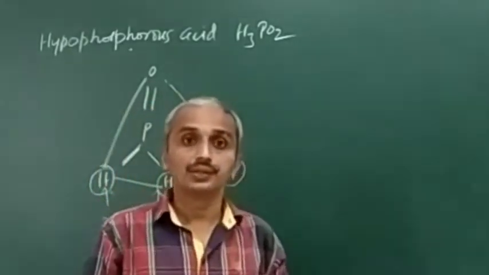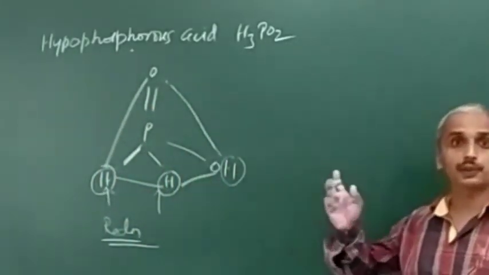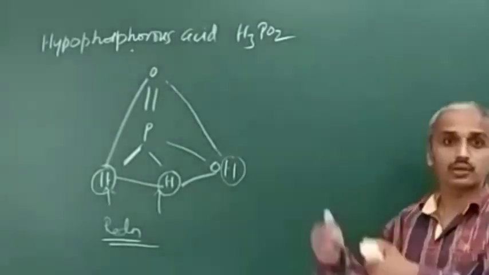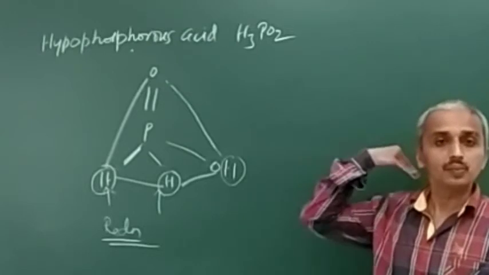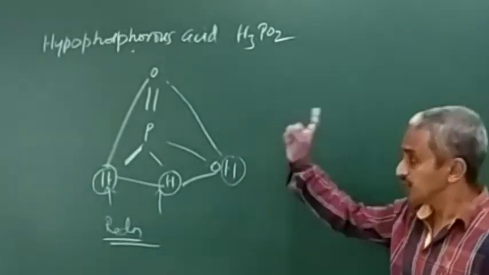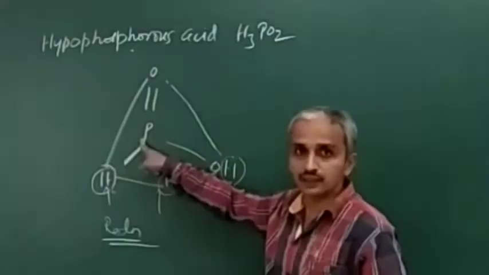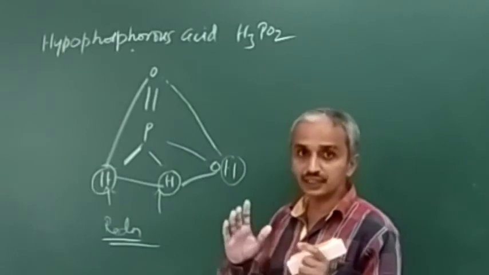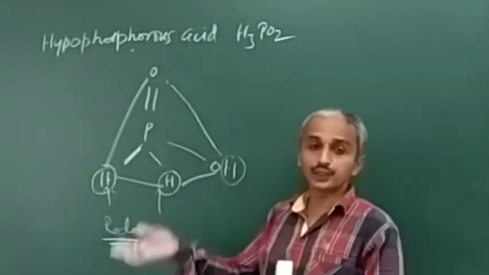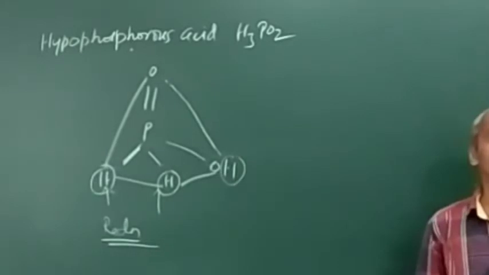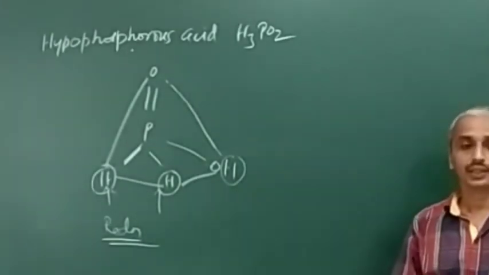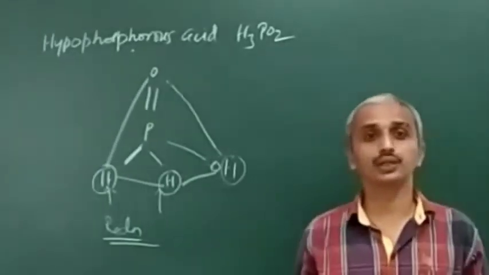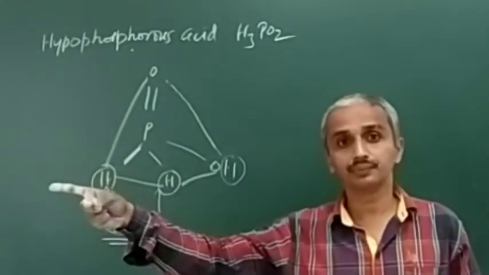See, if the hydrogens bonded to the phosphorus through the more electronegative element are more in number, then that acid will be more and more acidic. If directly bonded hydrogens are more in number, they are stronger reducing agents. They can ask like this: H3PO2, H3PO3, which is the better reducing agent? Then H3PO2 is the better reducing agent because there are two hydrogens which are bonded directly.